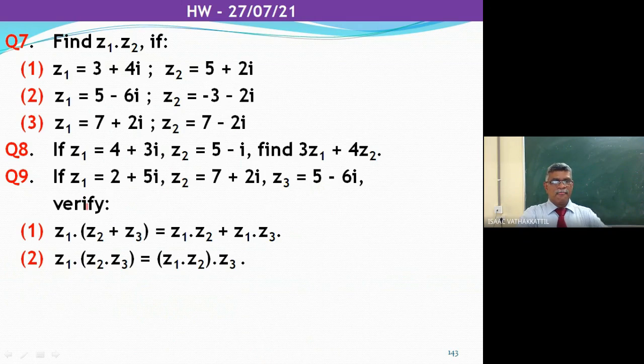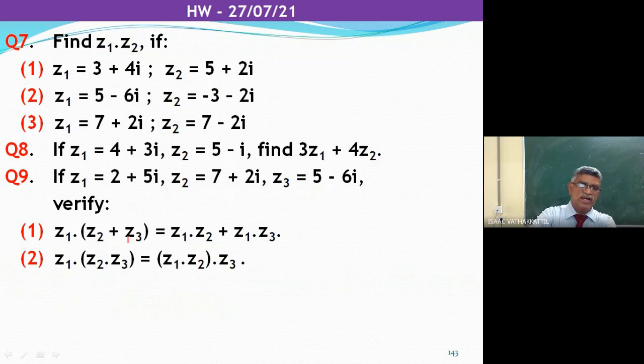Further, Z1 equal to 2 plus 5i, Z2 equal to 7 plus 2i, Z3 equal to 5 minus 6i. Verify that Z1 into (Z2 plus Z3) is equal to Z1Z2 plus Z1Z3. What will you do here? First you find Z2 plus Z3, where Z2 is 7 plus 2i, Z3 is 5 minus 6i.